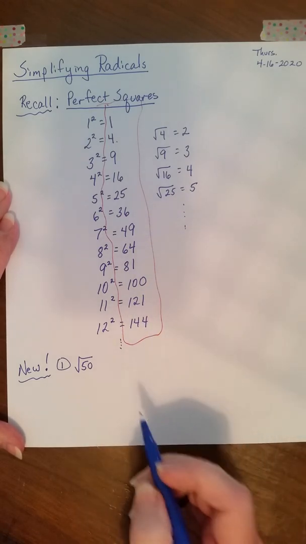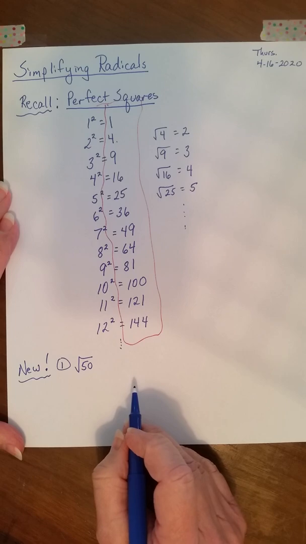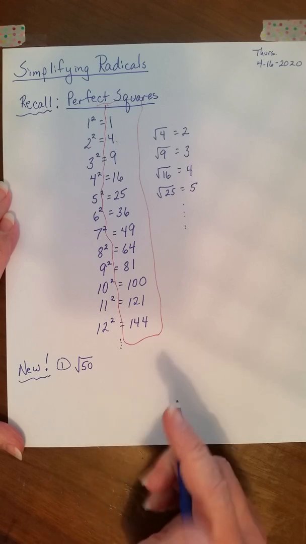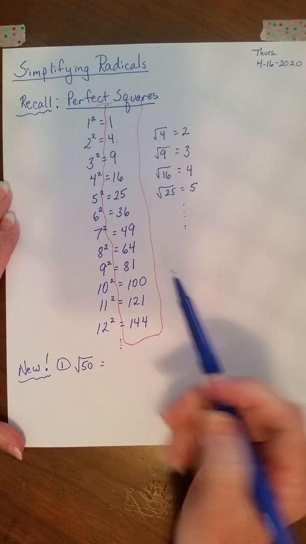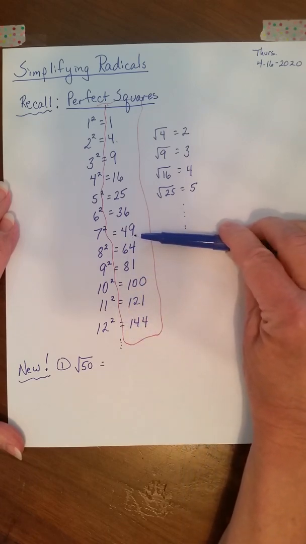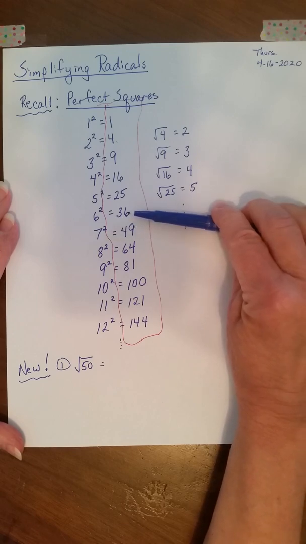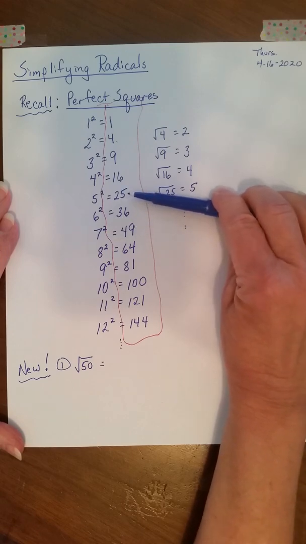What I want to do is break up 50. I want to break up 50 as the product of a perfect square and another number. Okay, what I'm noticing is, 50 would land about right here on our list. Is 50 divisible by 49? No. Is it divisible by 36? No. Is it divisible by 25?